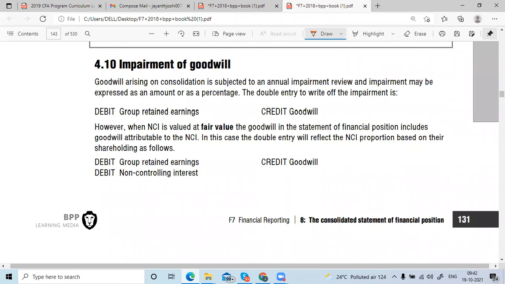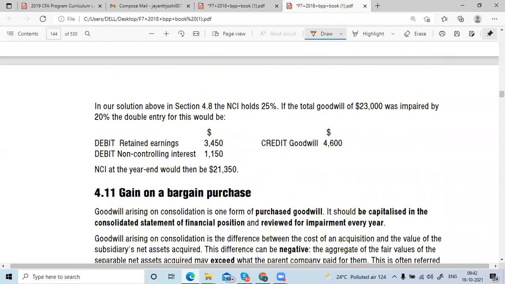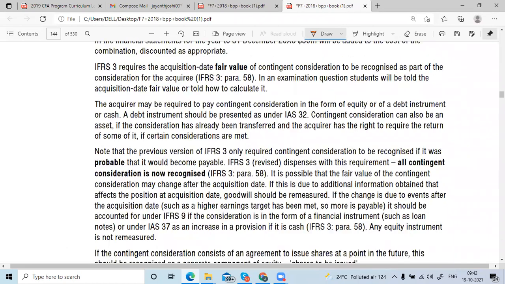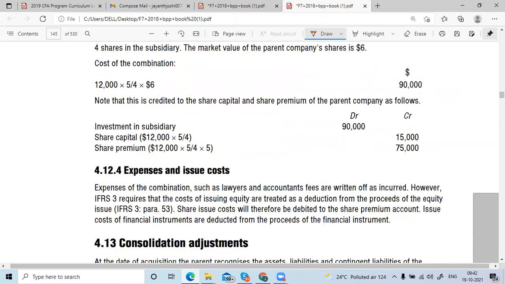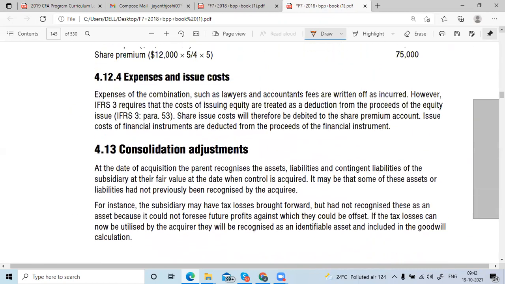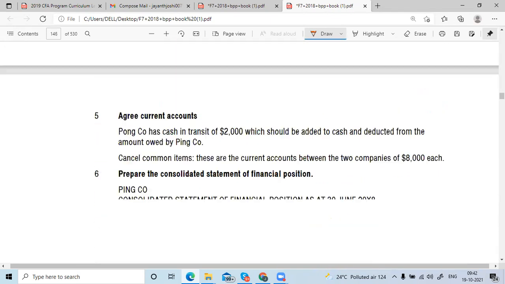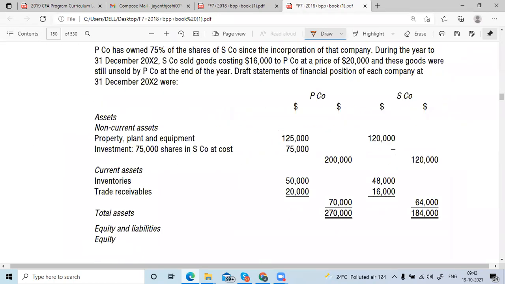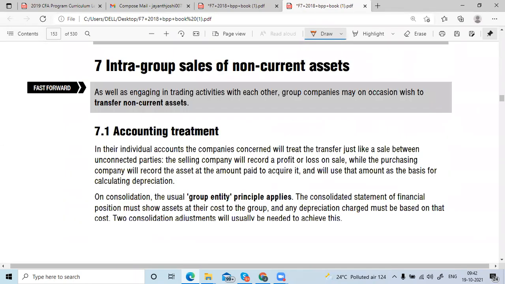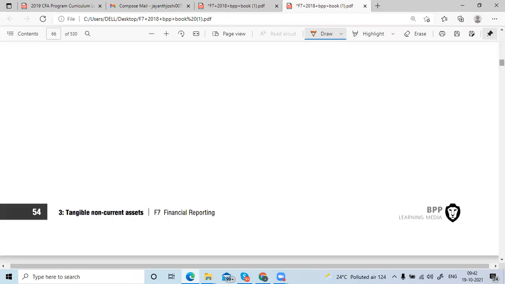I will send, no problem. I'm planning to finish till here tomorrow. From expenses and issue cost, day after tomorrow. You assume that it is a 2 days chapter more. After 2 days, this chapter would be done. More 2 classes we require for this.